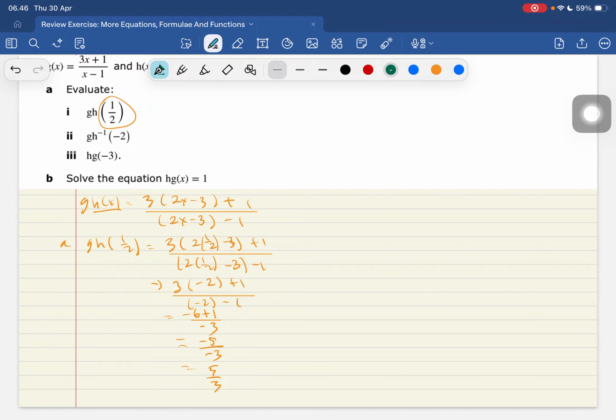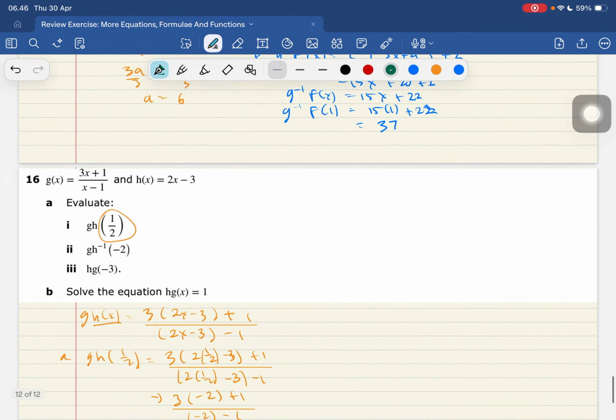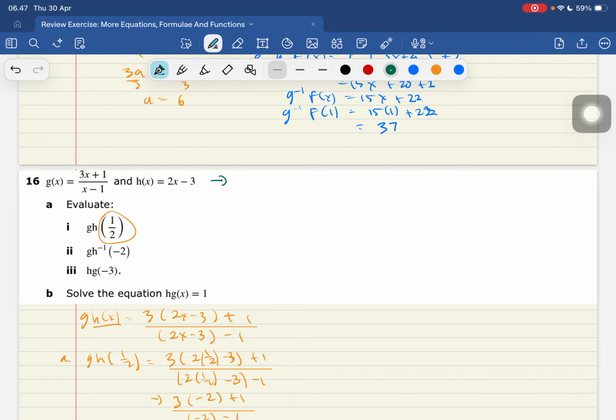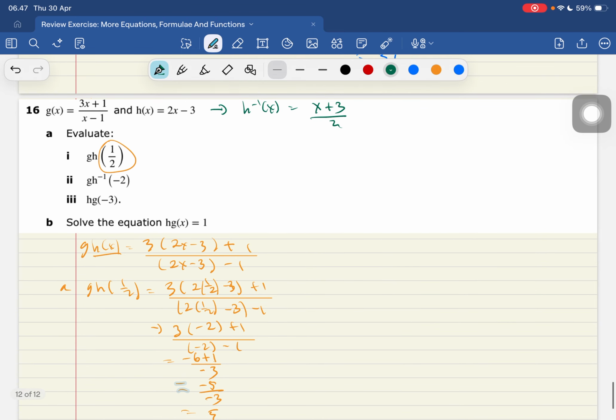Okay, G of H inverse. So let's find the H inverse. Since h is 2x minus 3, H inverse of x is going to be x plus 3, then we divide by 2.